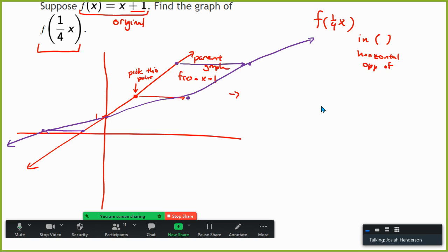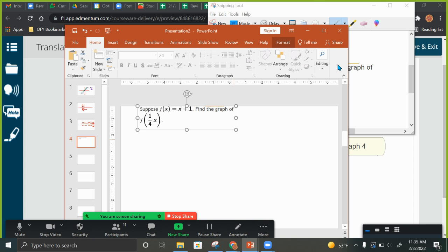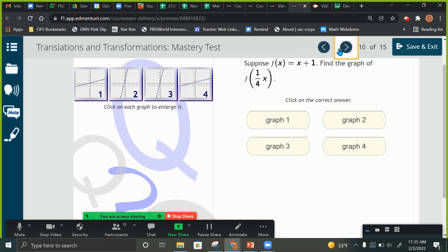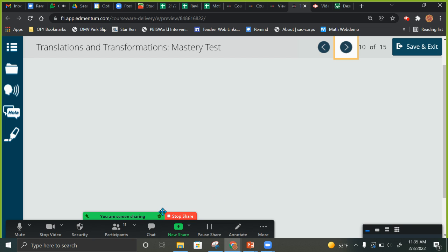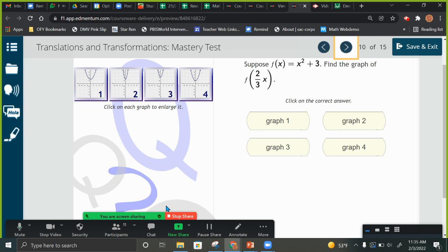I'm going to hold here for a second if people are writing down or taking notes of some kind. And we'll look at another one just like this one in just a minute. All right, so another one.